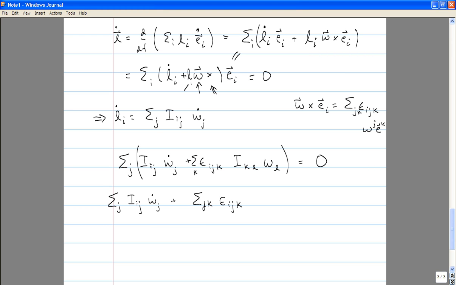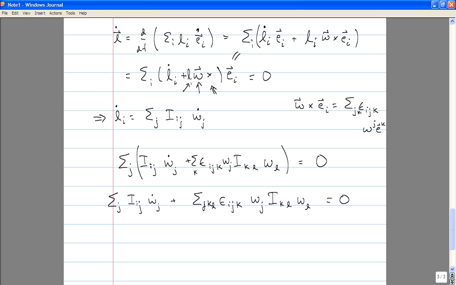So there was an omega j, omega j, Ikl. Yeah, there's a sum over l here, too. Omega l. Sorry, is that clear? Did I put in too many sums all at once there? Yeah. That's equal to 0.